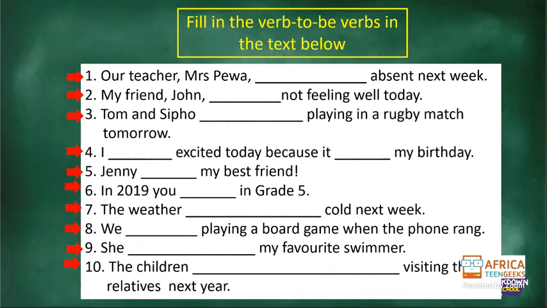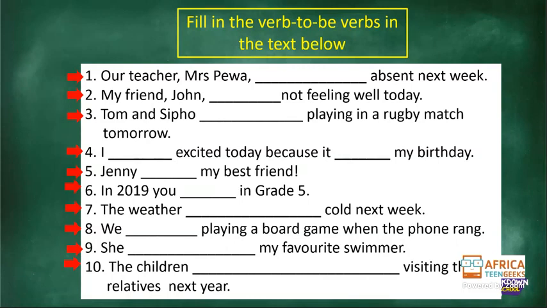Okay, number 4. I am excited today because it is my birthday. Good. Jenny is my best friend. Very good. Number 6. In 2019, you were in grade 5. Excellent. Number 7. The weather will be cold next week. Excellent. Number 8.